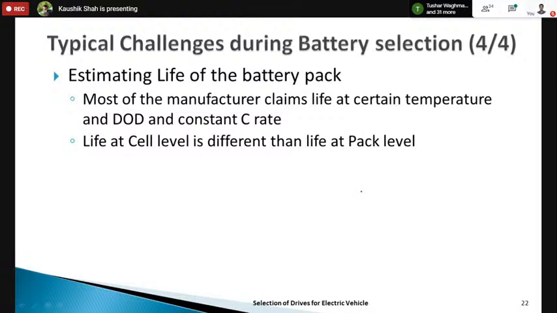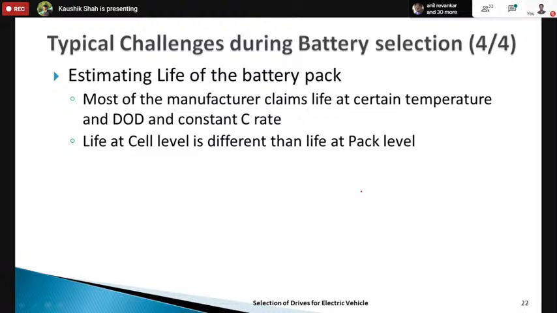Right. So I think life is still something where a lot of people put a lot of money in terms of estimating the life of the battery. There are, of course, cell cyclers or pack cyclers, but when you anticipate a life of 8 years, definitely there is still no standard equation which can give you that.